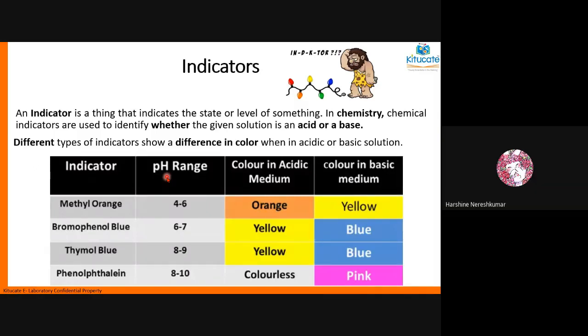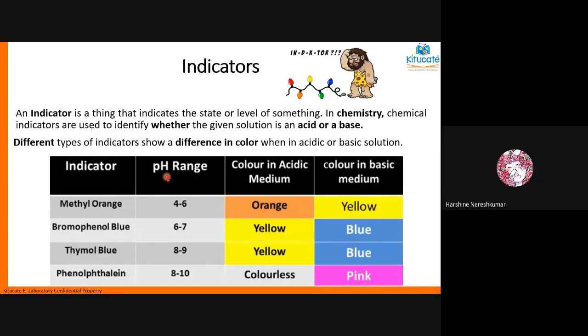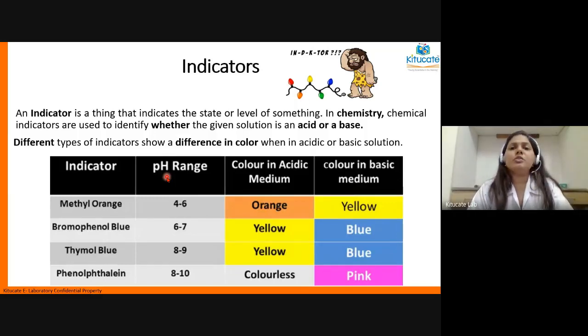Midpoint is something which is exactly in between, at the center of the scale, right? So when you say 0 to 14, where will be the midpoint? 7. So 7 is called neutral pH. When the pH of any chemical is 7, we say the solution is neutral. It is not an acid, it is not a base.